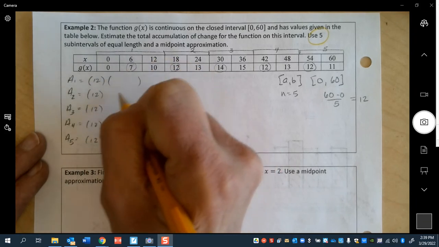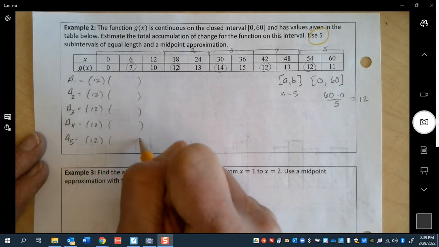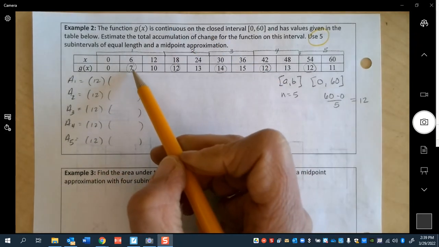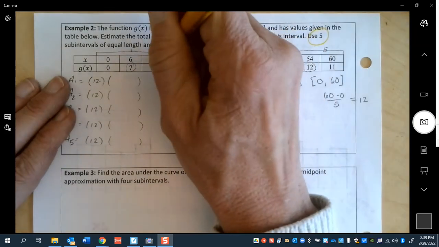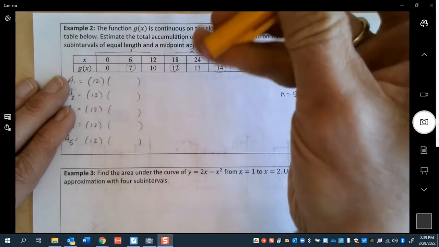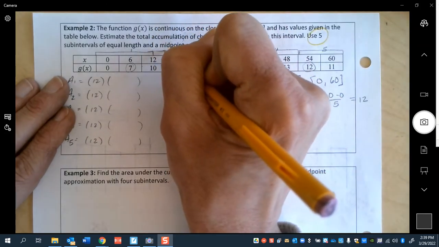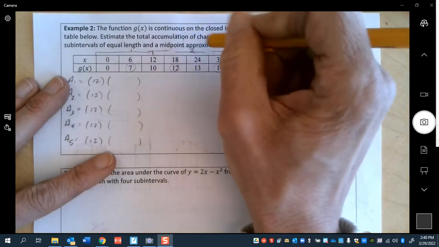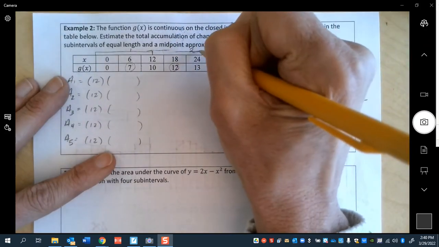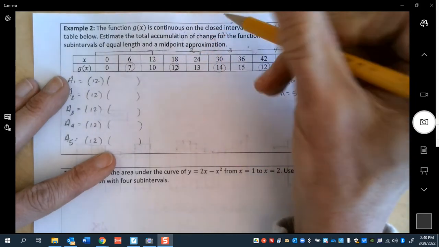And when I go to find my height for my rectangles, if it was a left-hand sum, I'd look to the left. And this is kind of confusing. I want to change this drawing a little bit because this 12 is both the end of this one and the beginning of this one. This 24 is both the end of this rectangle and the beginning of this one. Same with 36.